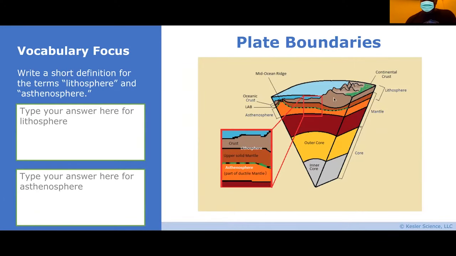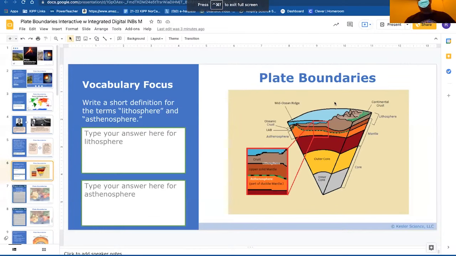That is the crustal area. See the lithosphere here, and the asthenosphere is this part right here, part of the ductile mantle. So on that previous slide, you'll probably get the correct information. Go back and fill that one out.